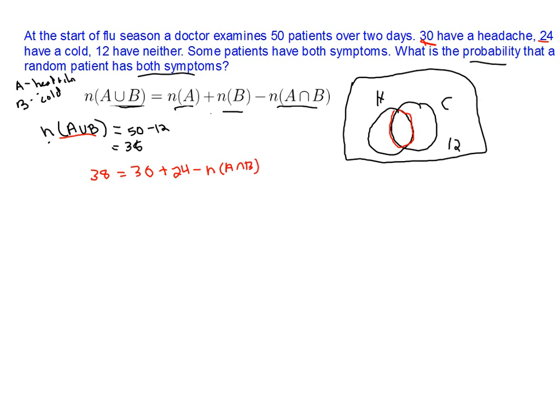And now we can just solve this equation. 30 plus 24 is 54. So we can solve the equation here, subtract 54 from both sides, and we get negative 16 equals negative the number of people in A and B. To solve this, divide both sides by -1, and we get the number of people in A and B is equal to 16.